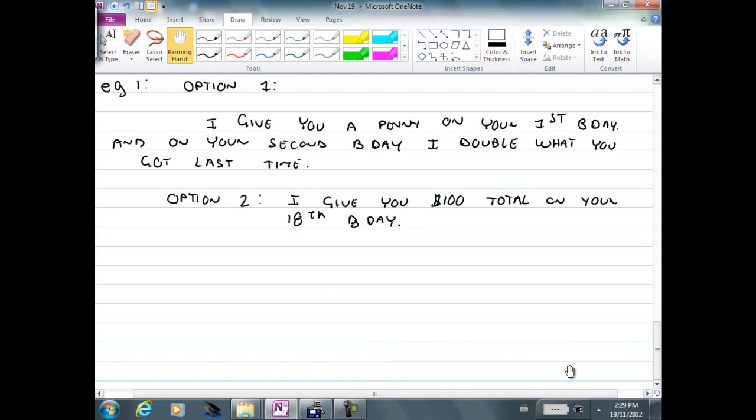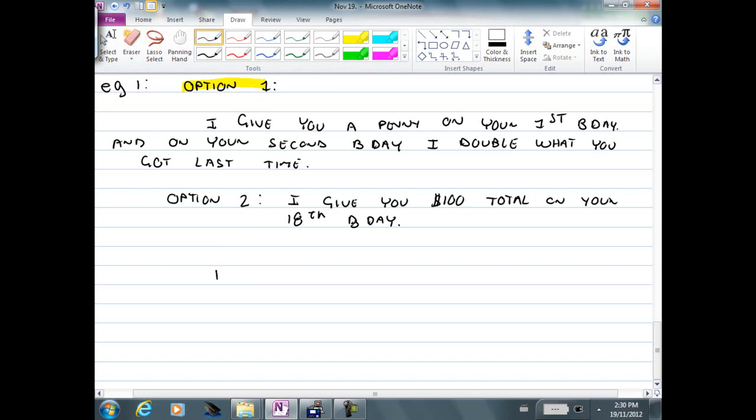First of all, I look at option 1. I'm going to write out a bunch of numbers right now. My first number is 1, in terms of pennies, not 0.01 in dollars.